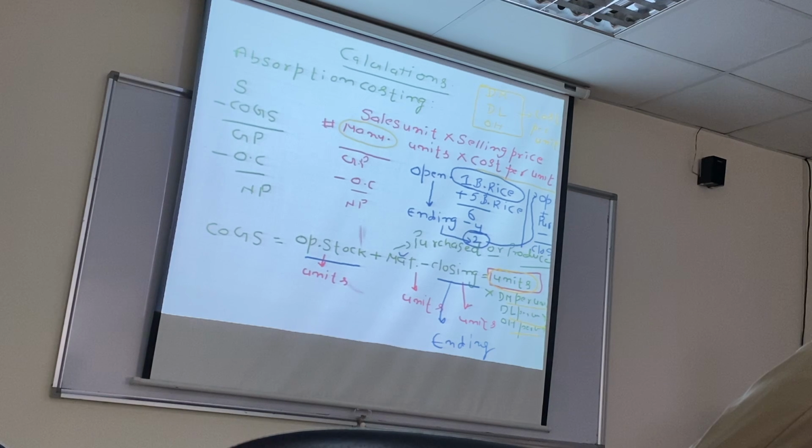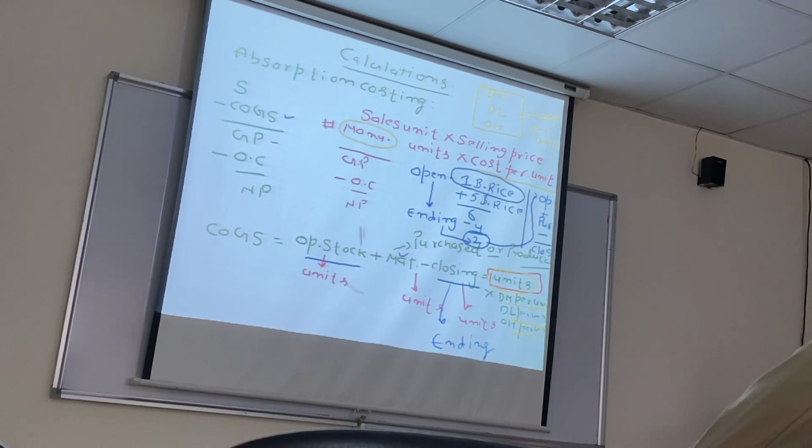So once you got units, you have direct material per unit, direct labor per unit, overhead cost per unit. Then you got cost per unit. So units multiplied by cost per unit, you got cost of goods sold. Yes or no? Is it okay? So you got cost of goods sold. And then this minus this is gross profit.